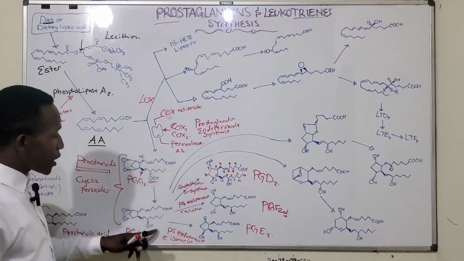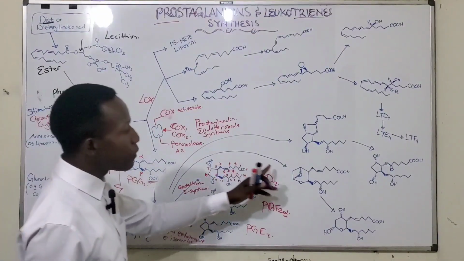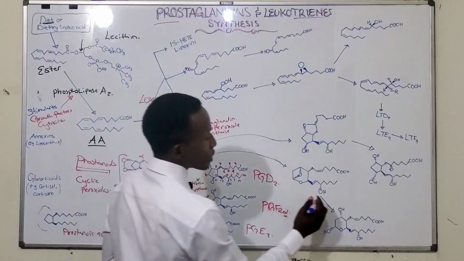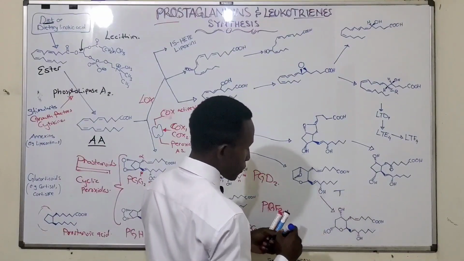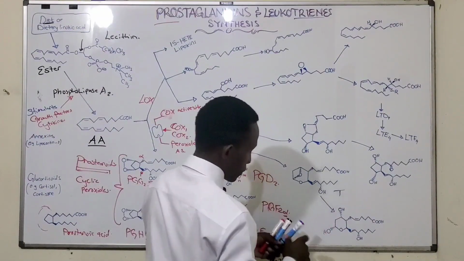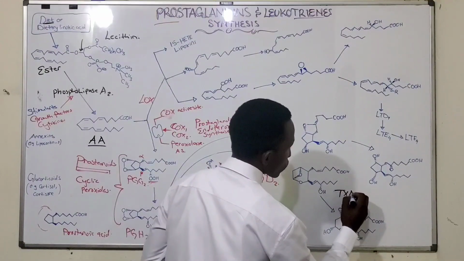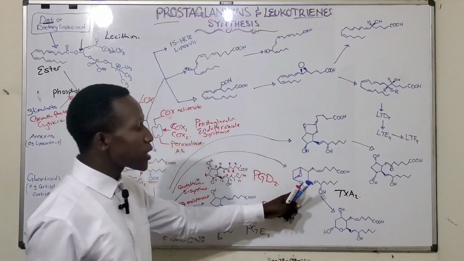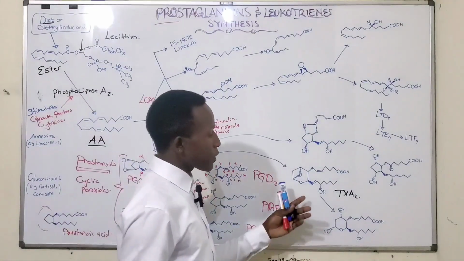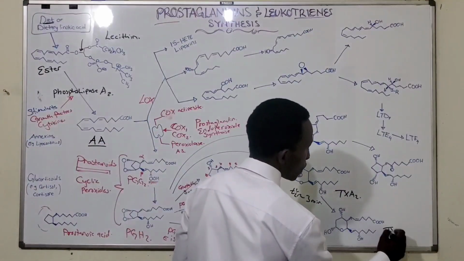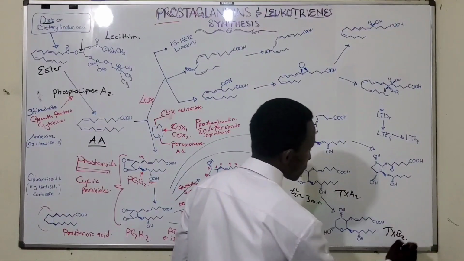Here, from prostaglandin H2, again we form thromboxane. This is thromboxane A2. Thromboxane A2 has a short half-life and is converted to thromboxane B2.